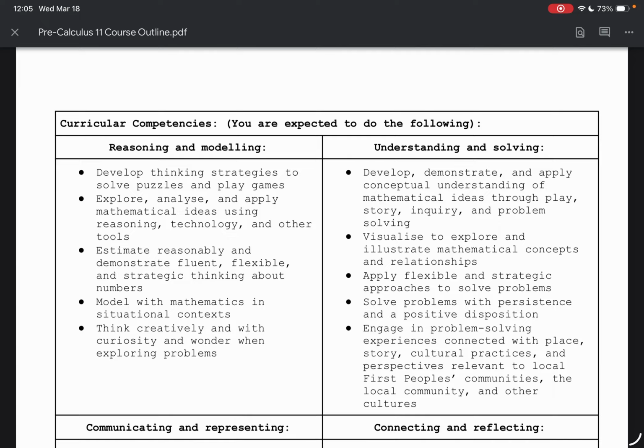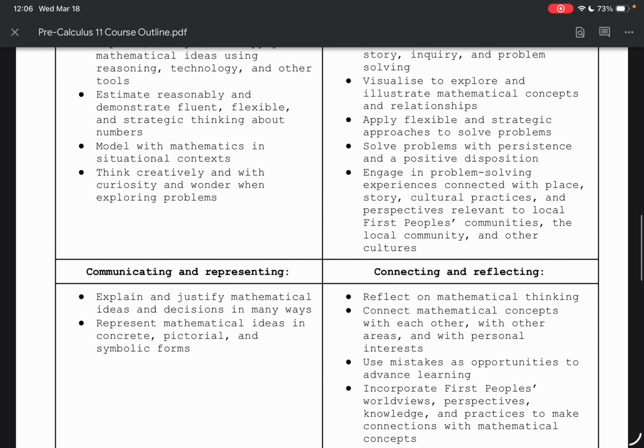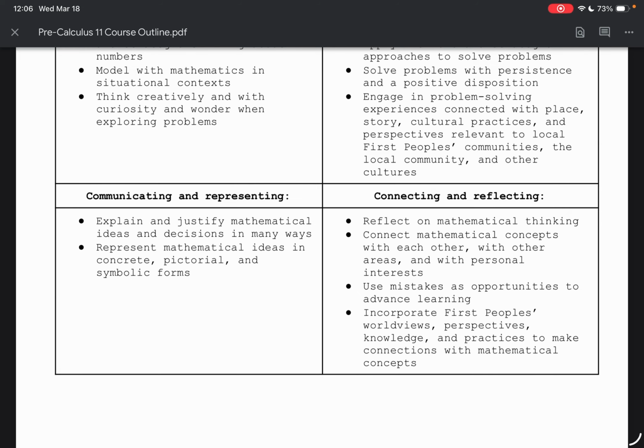Solve problems with persistence and a positive disposition. Engage in problem-solving experiences connected with place, story, cultural practices, and perspectives relevant to local First Peoples communities, the local community, and other cultures. The next competency is communicating and representing.